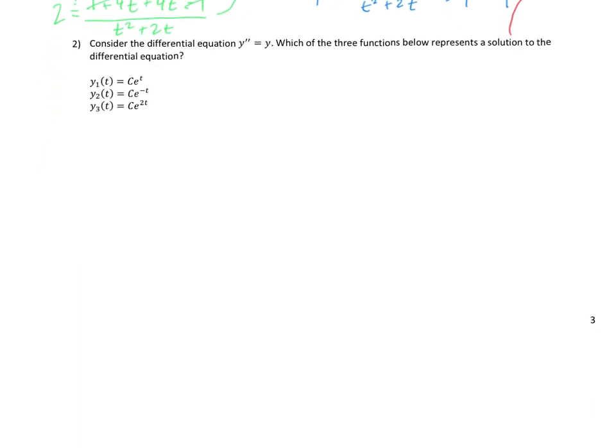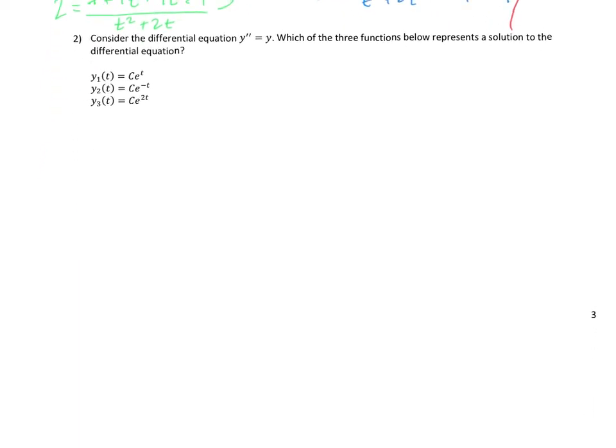Okay, similar question. Consider the differential equation y double prime equals y. So this is a second order differential equation because it has a second derivative in it. Which of these three functions represents a solution? So let's start with y1, which is c e to the t. I'm going to need y double prime to plug in here.